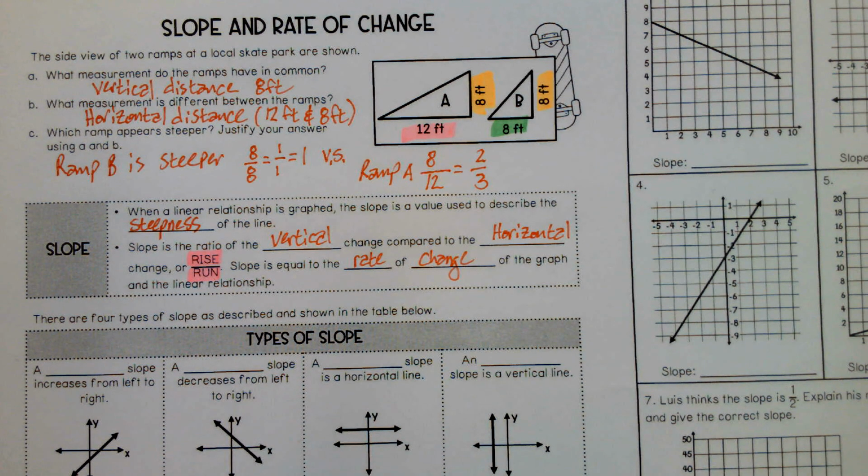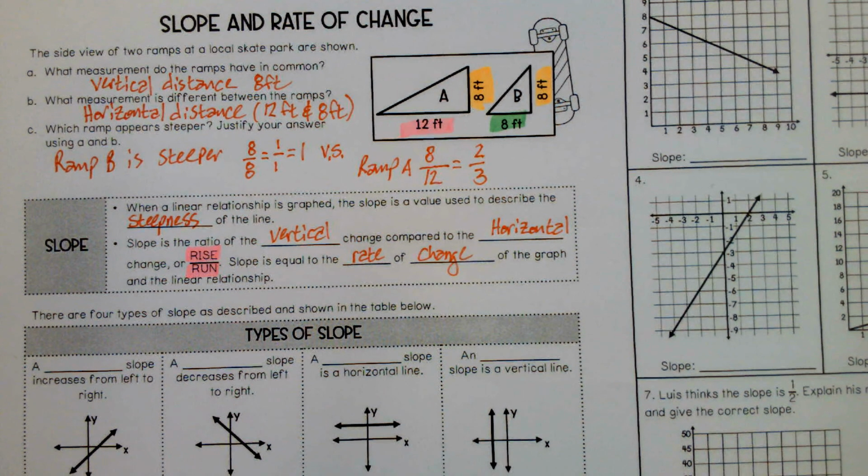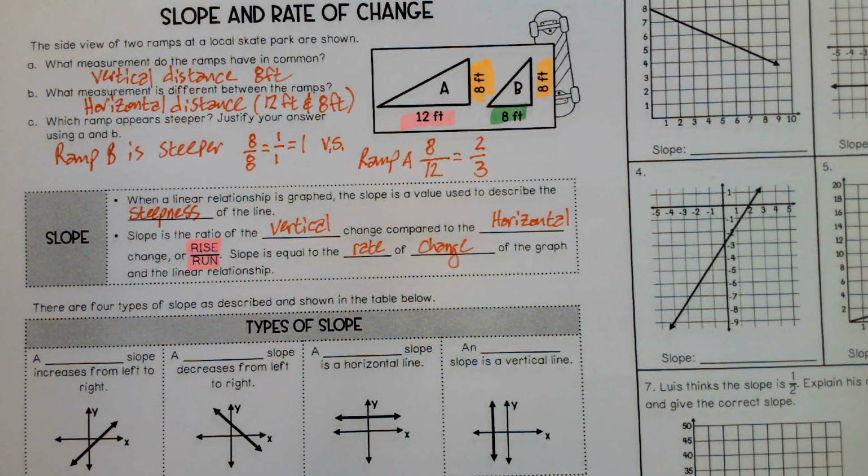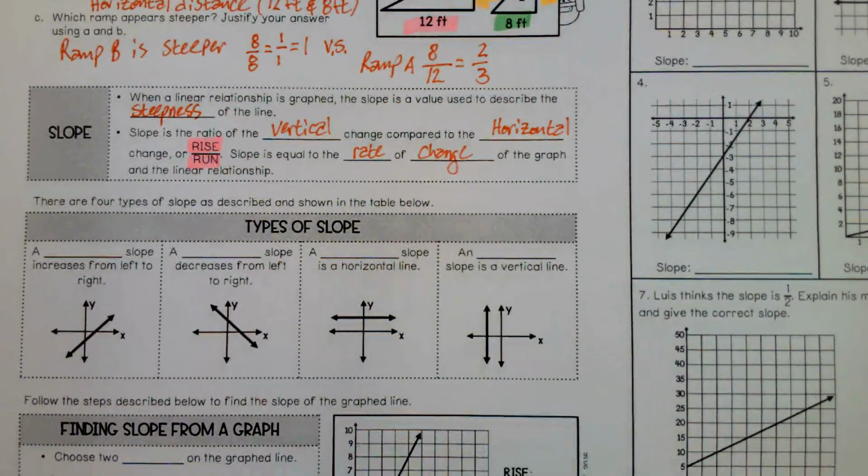So it's important to understand that a rate of change and a slope basically mean the same thing, except slope has to do a lot with graphs, usually when we're graphing things.